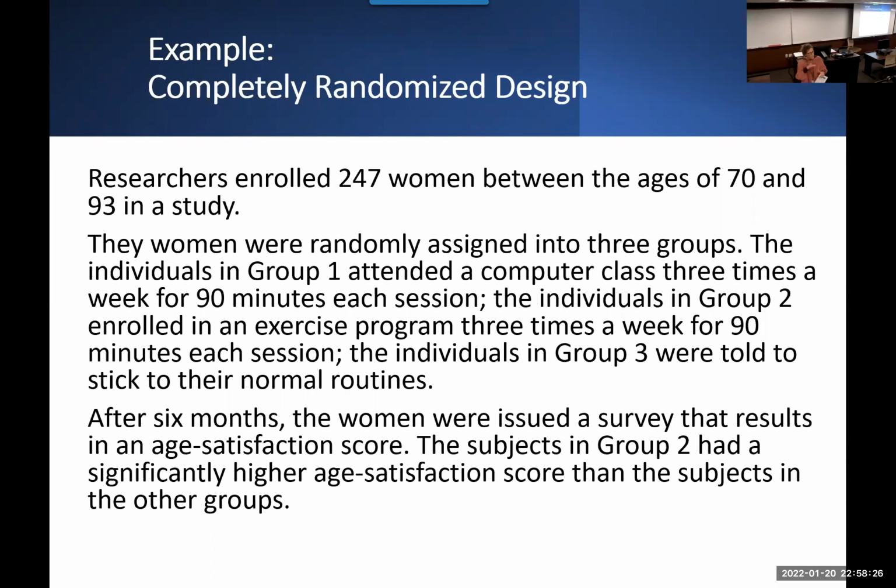All of those types of lurking variables that can affect the outcome get neutralized by randomly assigning them to these groups. Because if you randomly assign them to each of the three groups, you're likely to have, let's say in the exercise group, some women who aren't going to be good in that group, right?